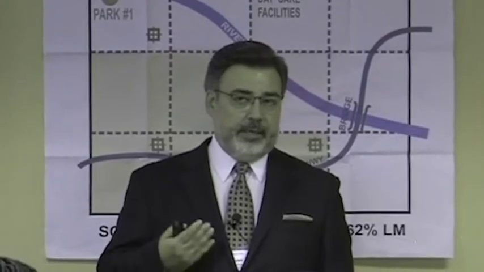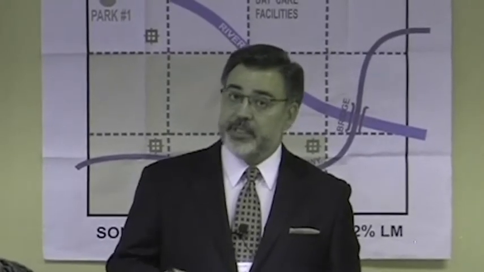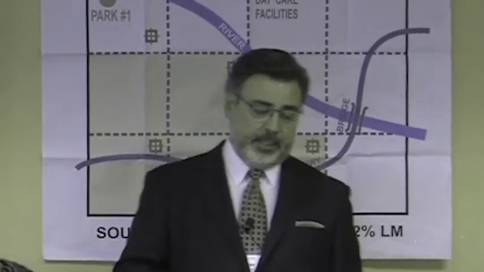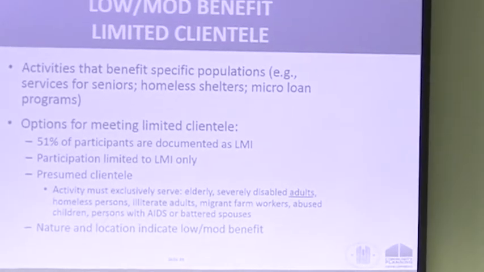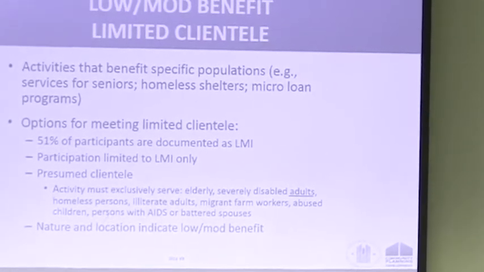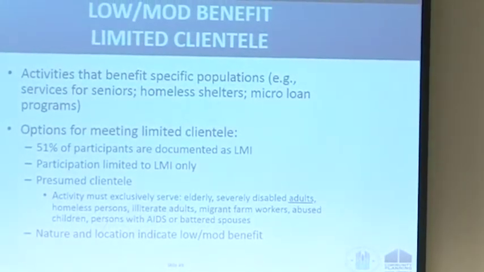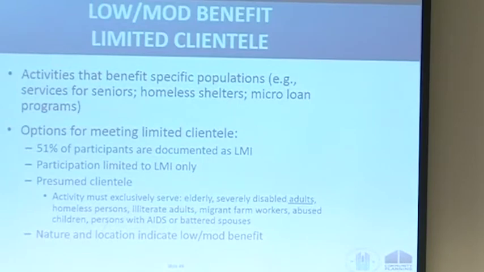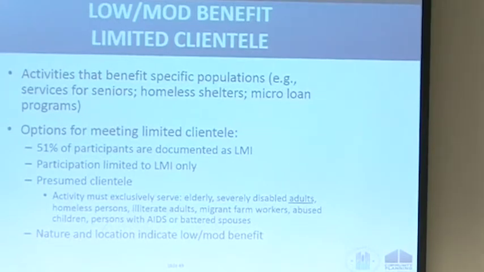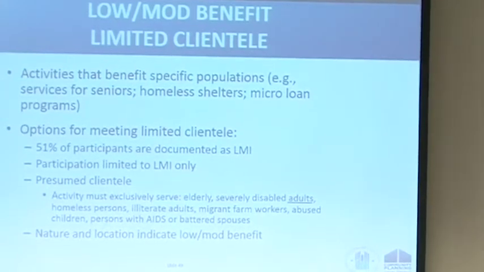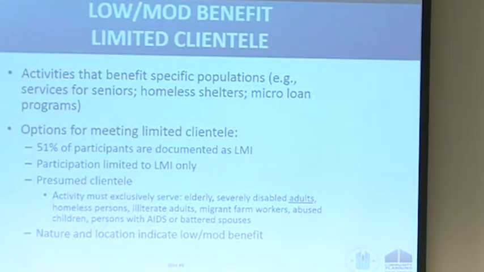They may be using some other type of service that provides them with some type of document. But this is a situation where I would say 9 out of 10 times that doesn't exist. And so you will use what is called a self-certification. They'll self-certify, okay? And we'll talk a little bit more about self-certification when we get into the income documentation slides, okay? Is this pretty clear to all of you?